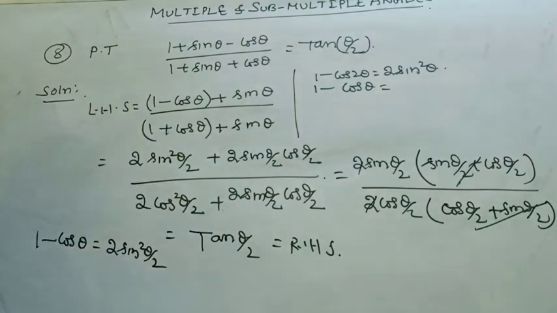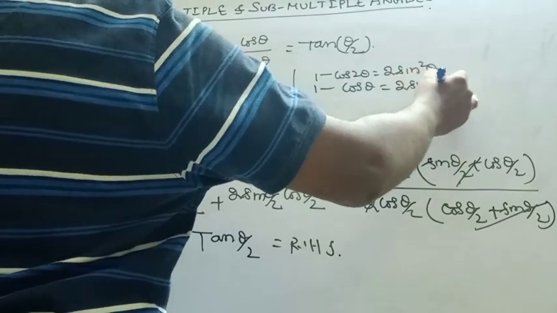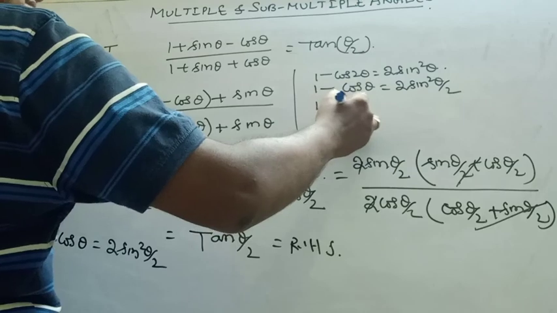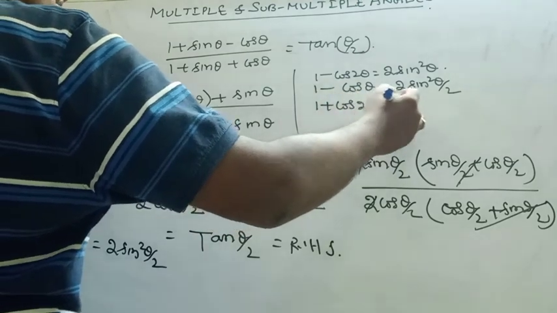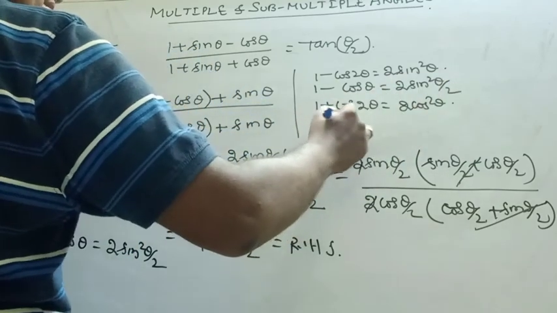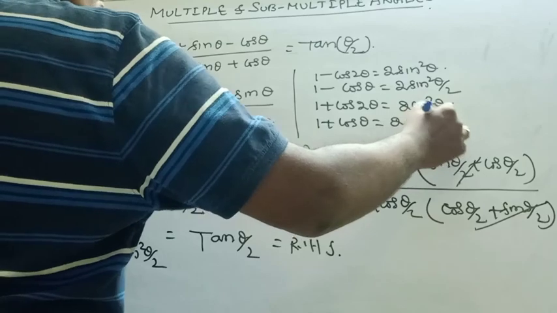From that you get 1 minus cos theta is equal to 2 sin square theta by 2. Similarly, 1 plus cos 2 theta is equal to 2 cos square theta, and by the half angle formula, 1 plus cos theta is equal to 2 cos square theta by 2.